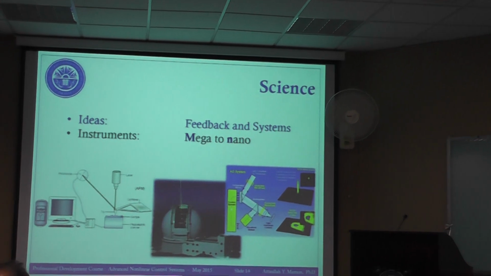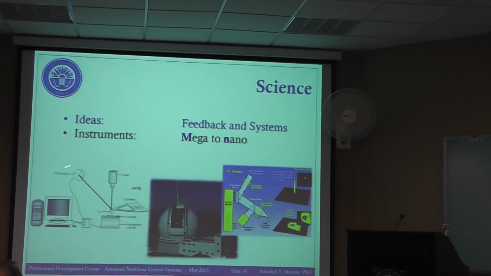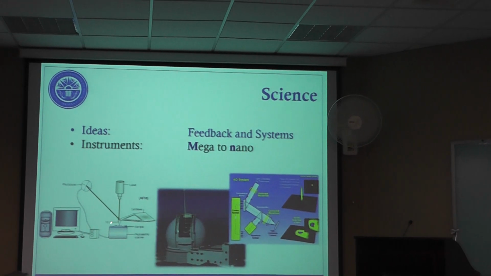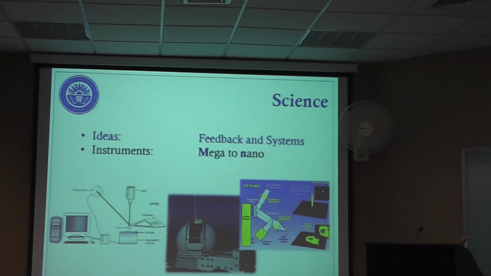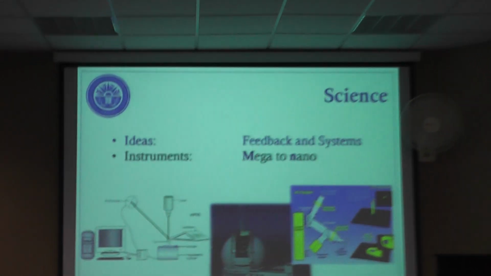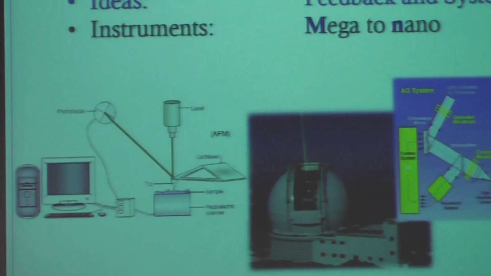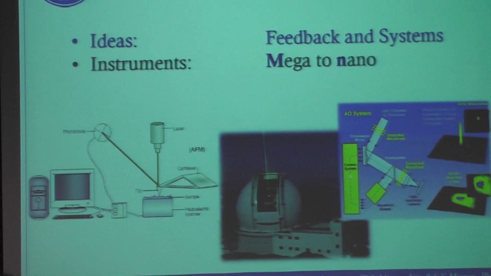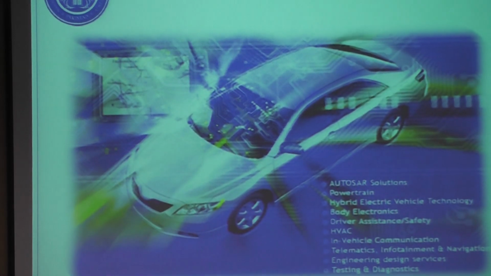It's huge, it's a mega structure. This is a nano structure. So you're controlling the tip of something at a nanoscale, as well as you're controlling things at a mega scale. So control has its application in a variety of things.